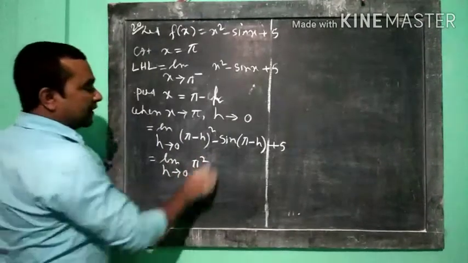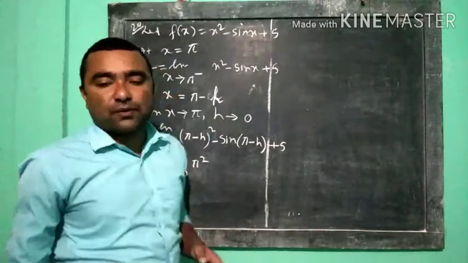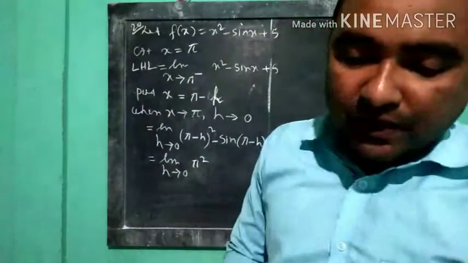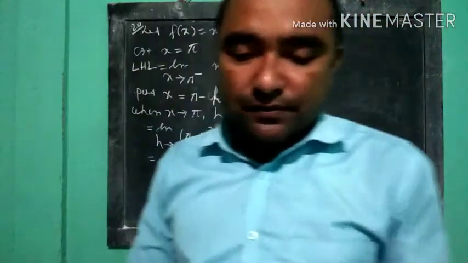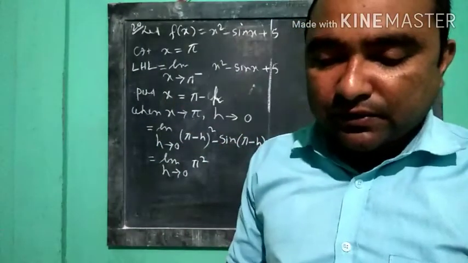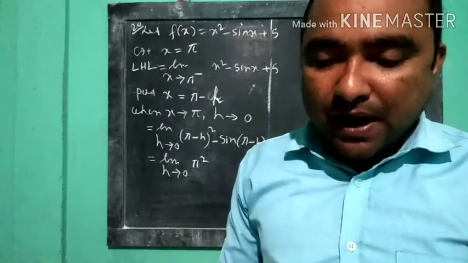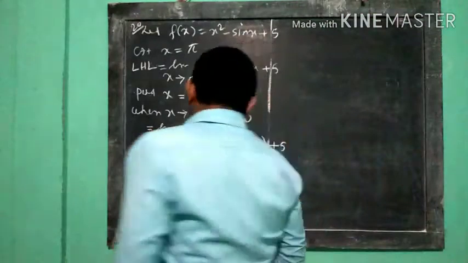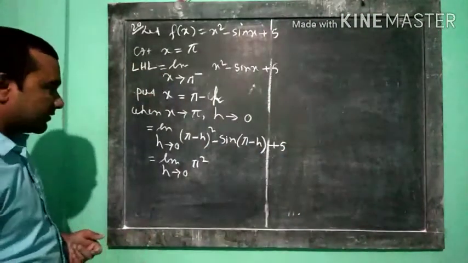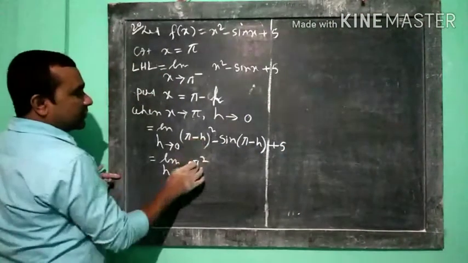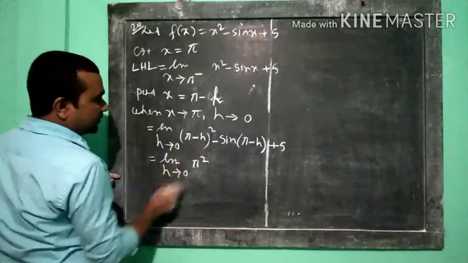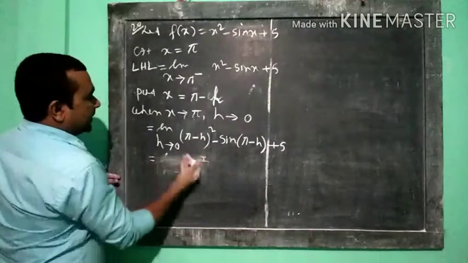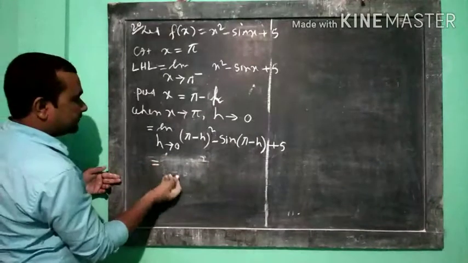The formula in class 11 is sin(pi minus theta) equals sin theta.